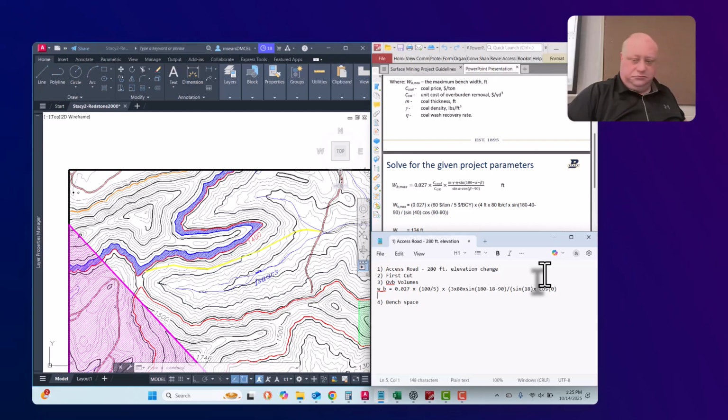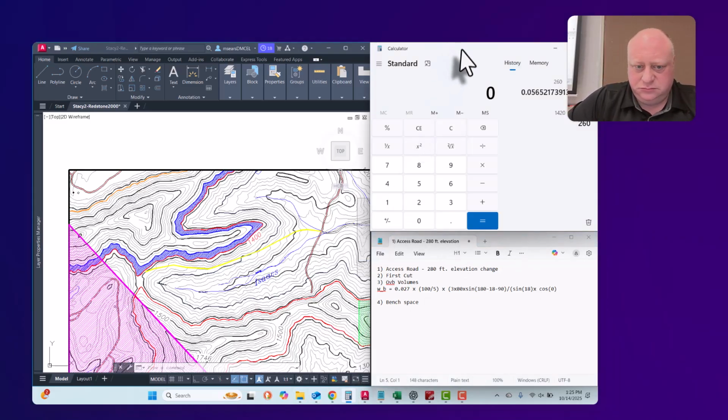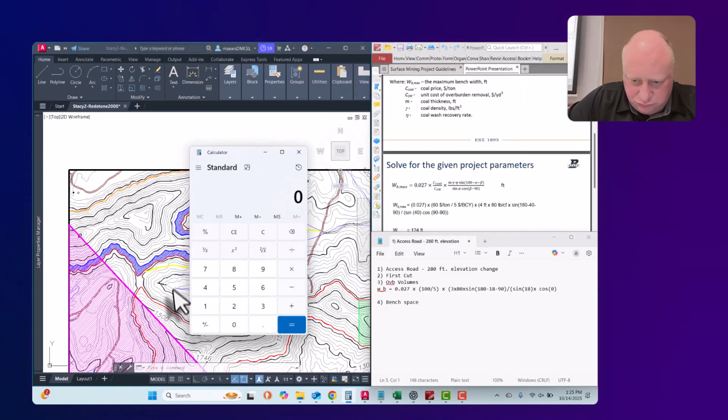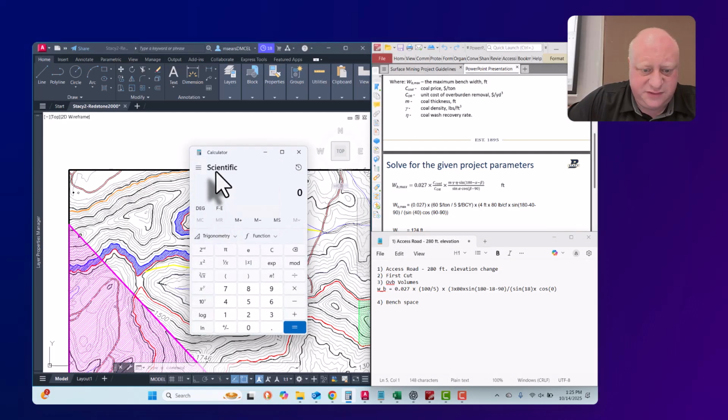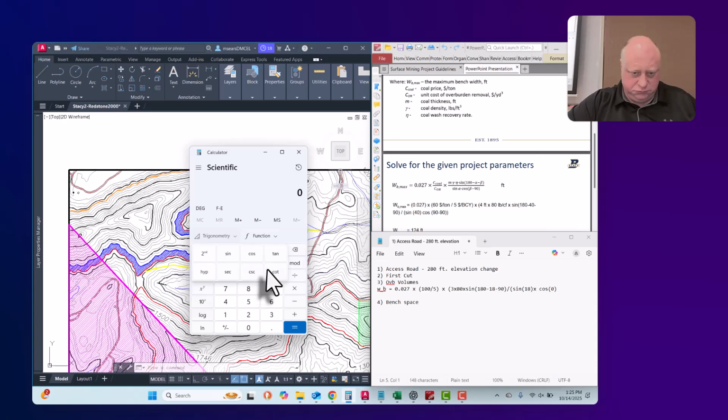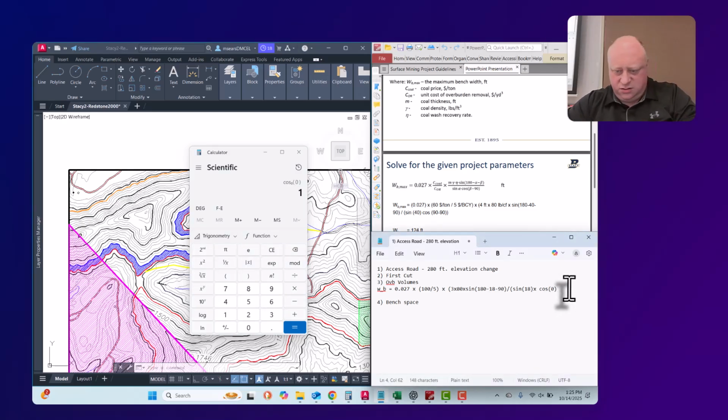All right, let's put our calculator and see what that gives us. I'm going to turn this into scientific mode. There we go. Yes, the cosine of 0 is 1, so we don't really have to worry about that.